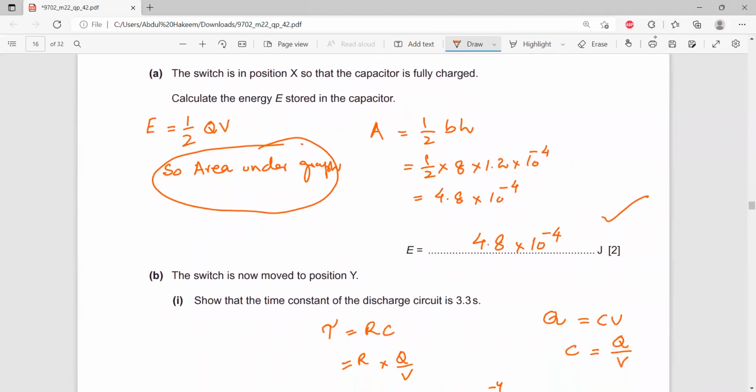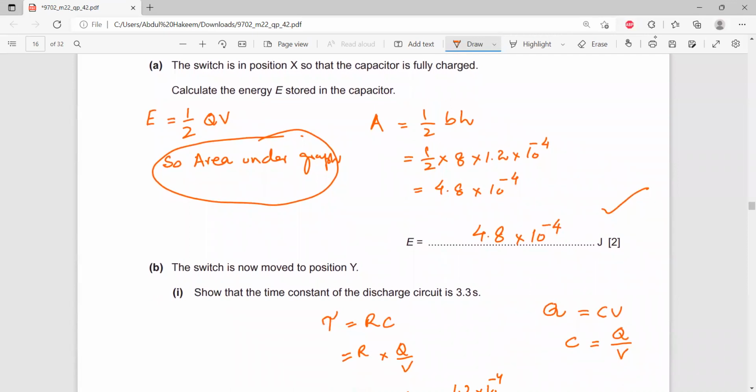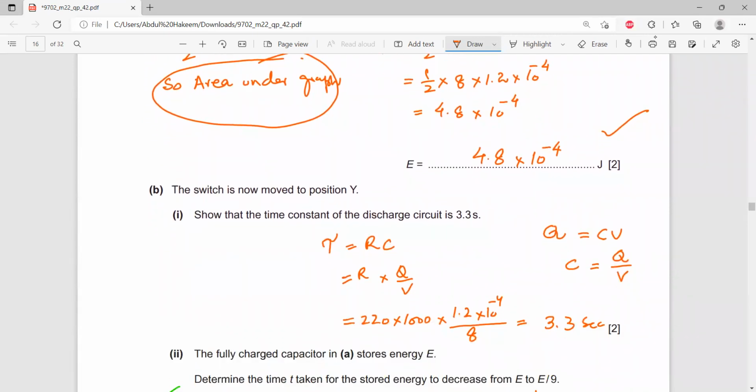And the next, part B: the switch is now moved to position Y. Show that the time constant of the discharge circuit is 3.3 seconds, meaning it is fully discharged. So for this full discharging time, the time constant T is given by the formula RC, where R is the resistance across which the capacitor is discharging and C is the capacitance.